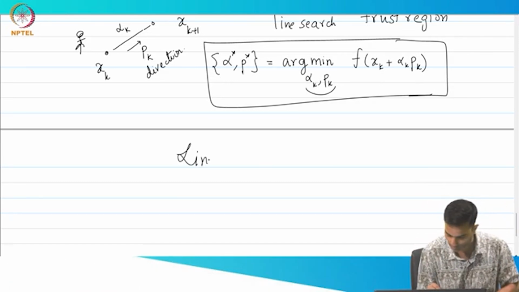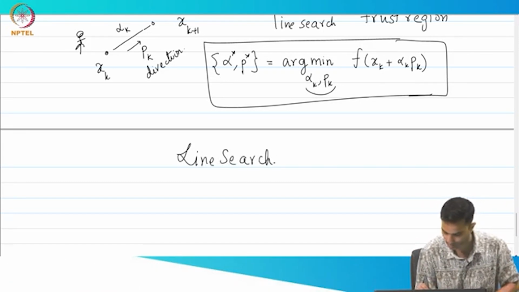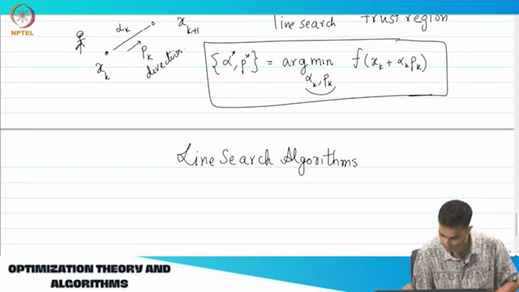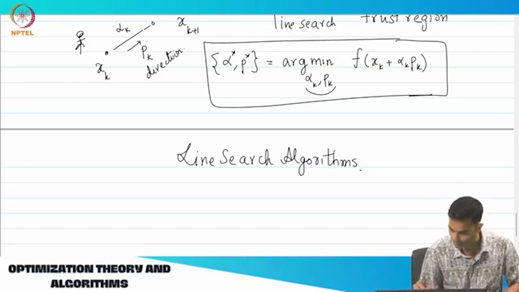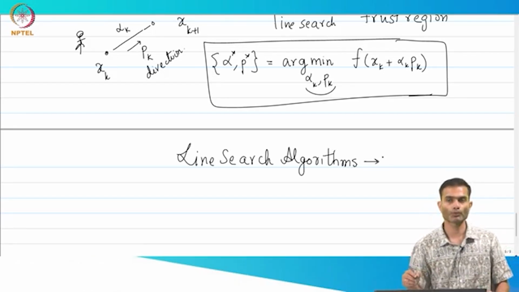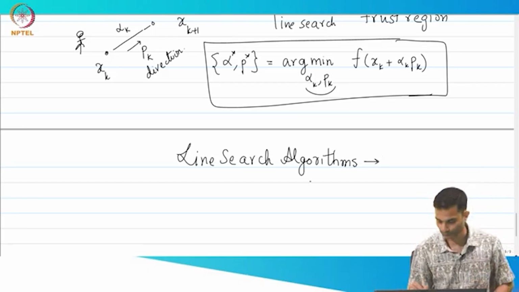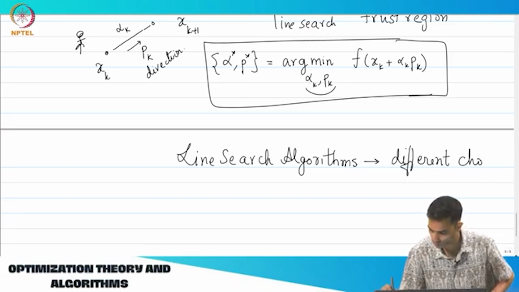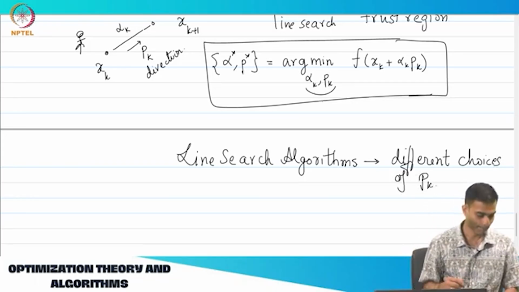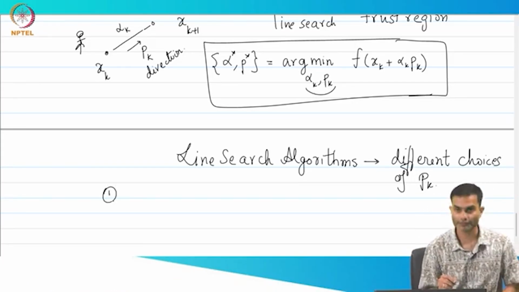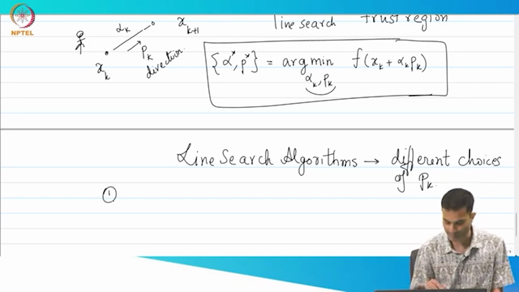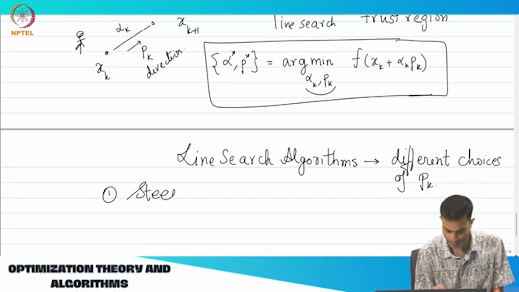Line search algorithms essentially correspond to different choices of pk. The first and the simplest is the steepest descent or gradient descent. The two mean the same thing.